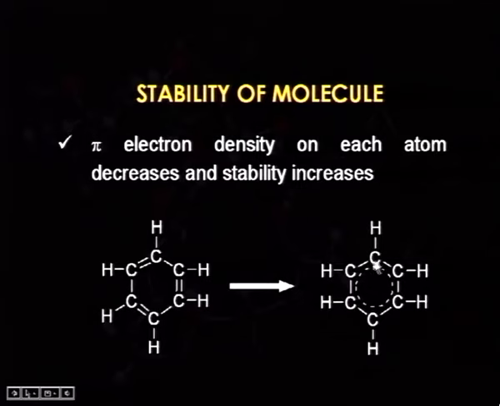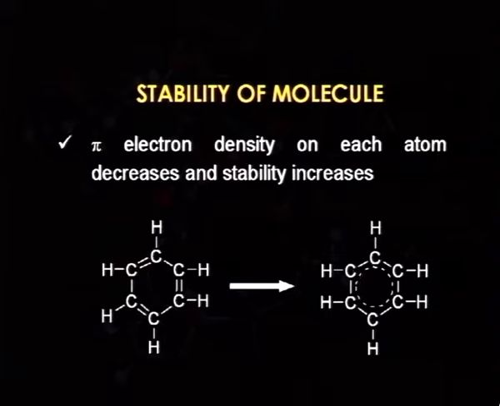So, the overall electron density on any carbon atom is decreased in comparison to what we expected from this. So, stability is increased. As we know, for charged species, the more the charge, the less the stability. So, here since the charge on any particular carbon atom is decreasing, meaning electron density is decreasing, hence stability is increasing.